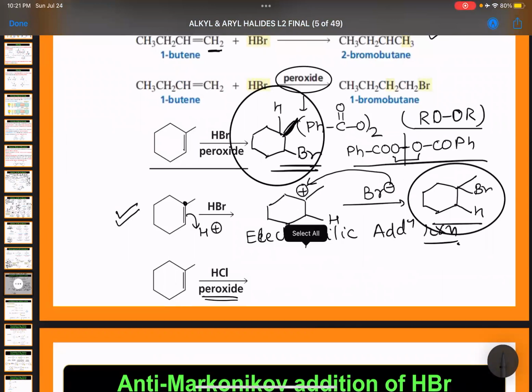And what happens if we take HCl with peroxide? It doesn't matter with HF, HCl or HI. Only HBr shows the peroxide effect. With HF, HCl or HI, whether you take peroxide or not is not a matter of concern. Do remember this, because this is a question asked in all examinations, a very basic question.